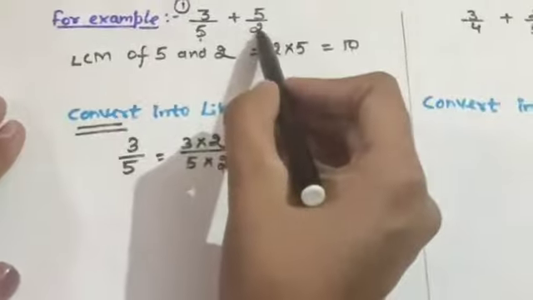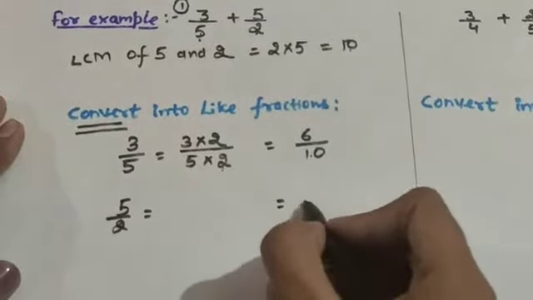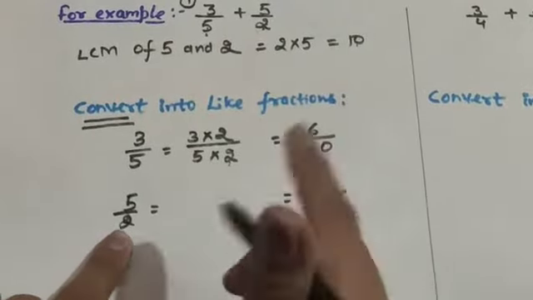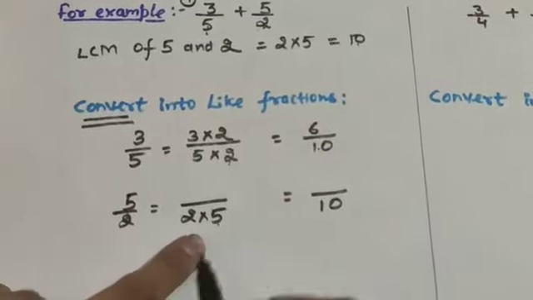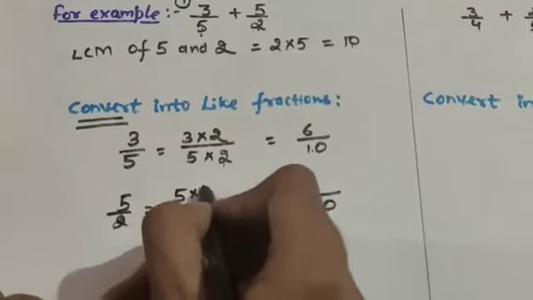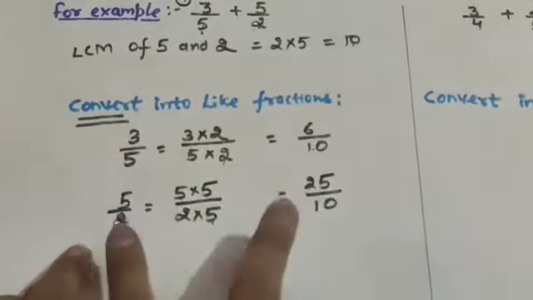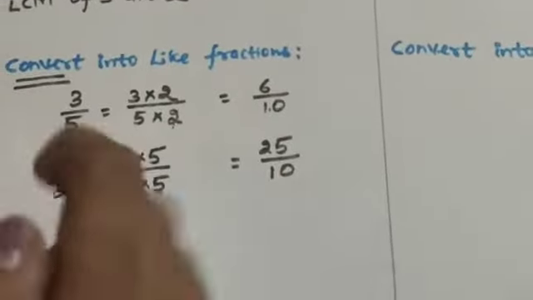Now take the other fraction, 5 by 2. We have to make the denominator 10, but the denominator is 2. So I have to multiply 2 by 5. Now if I am multiplying the denominator, I have to multiply the numerator also by 5. Hence these two fractions are equivalent fractions.